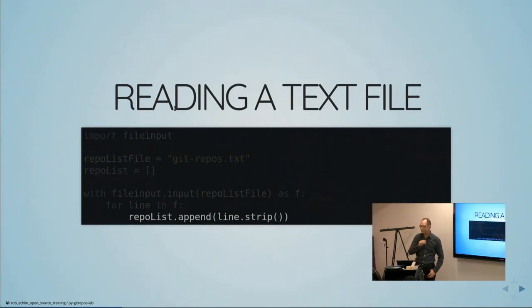Are there any questions about this section? Yes. When it opens the file, how does it know in which directory it is? Does it have to be the same directory as the program? You can put a longer description of where to find the file here. You could say /home/rob/projects/trivial files.